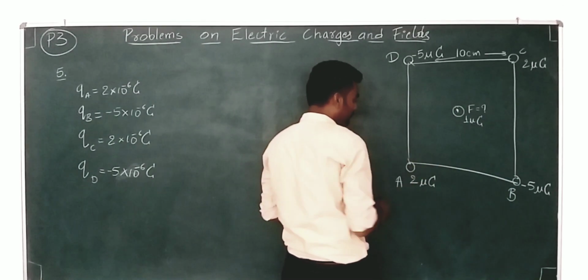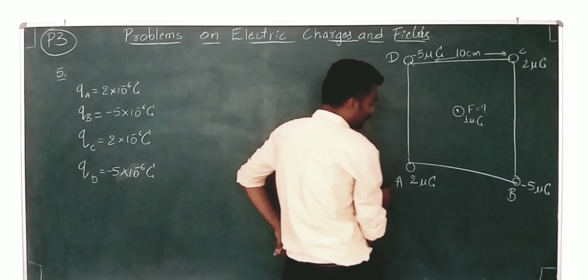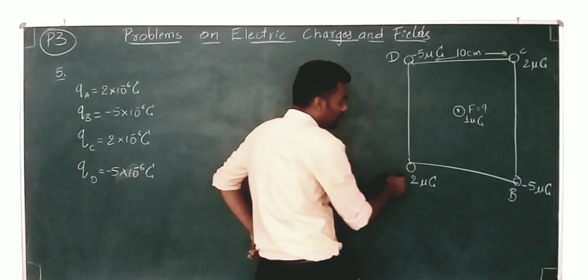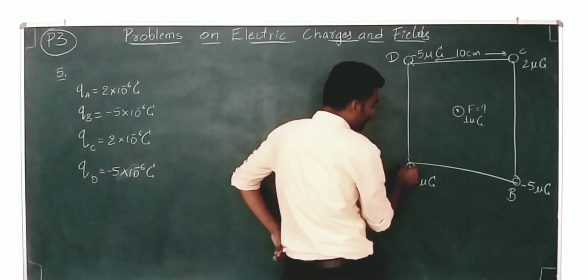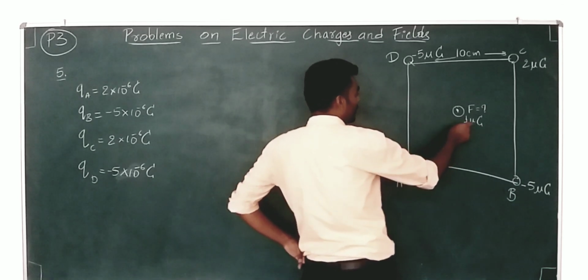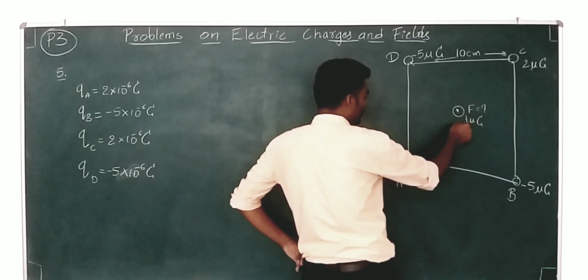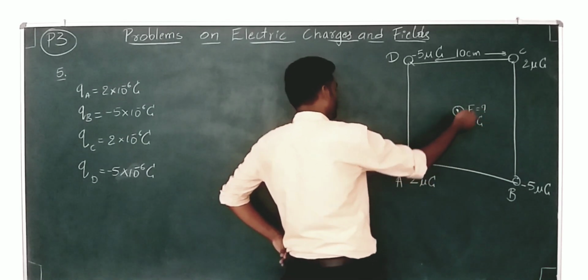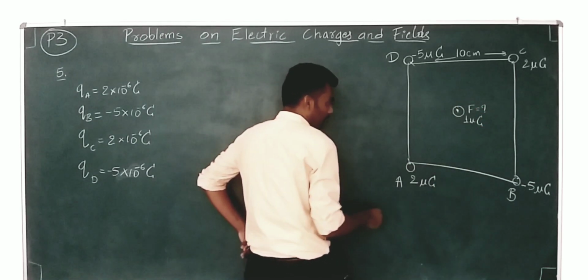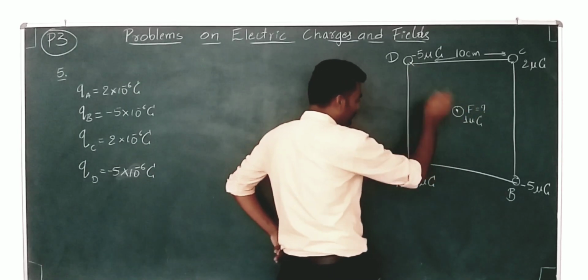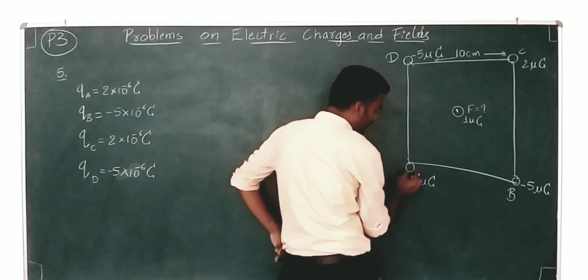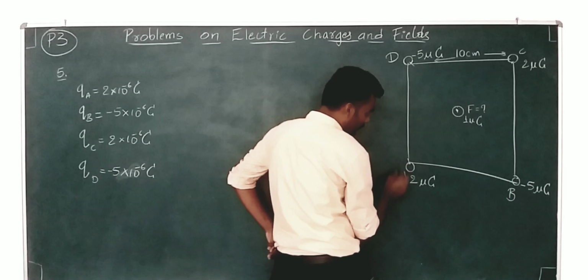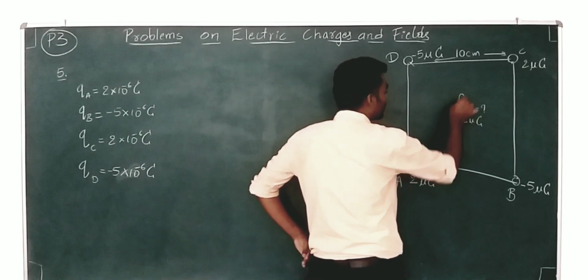What kind of force will be there due to the charge A? At the point A, you have a positive charge, and the charge at the center, which can be considered as a test charge, is also positive.